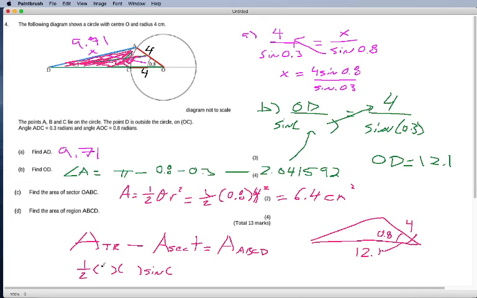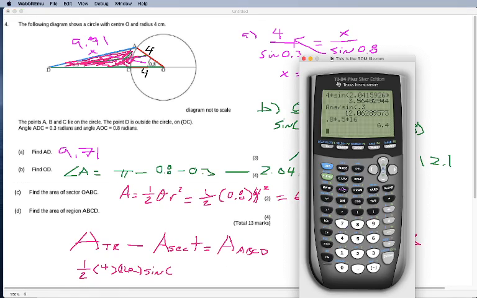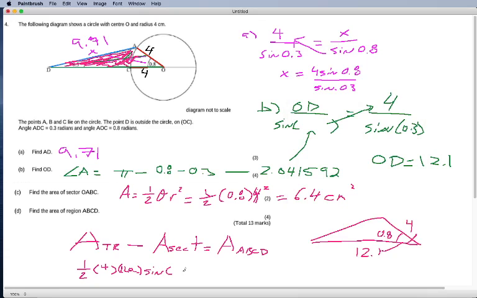So I have 4. In here it's going to be 12 point, and in this case it's going to be OD, and it's going to be all the decimal places here. So I'm going to make sure I don't use 12.1. I'm going to use the non-rounded version of it, which is up here, 12.06 when I do this calculation. And then I'm going to subtract the area of the sector, which I found above here.